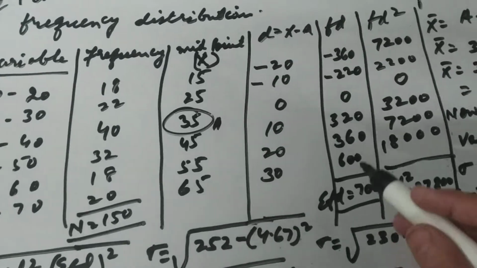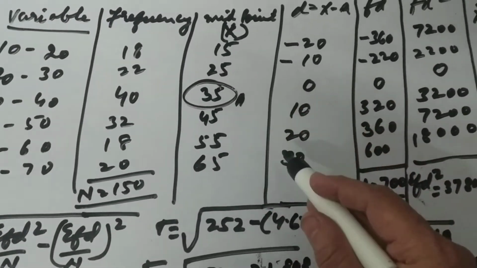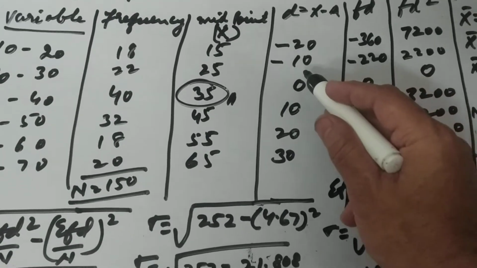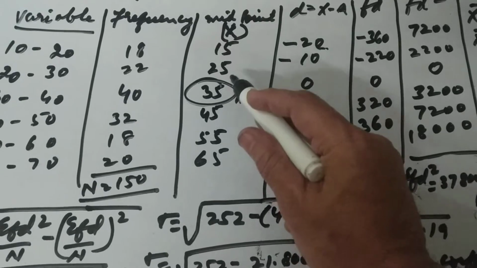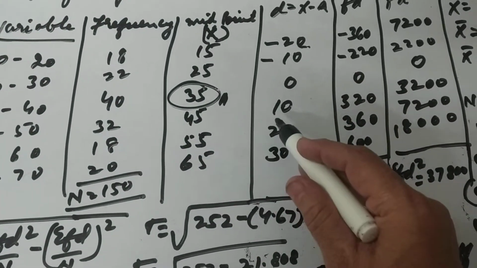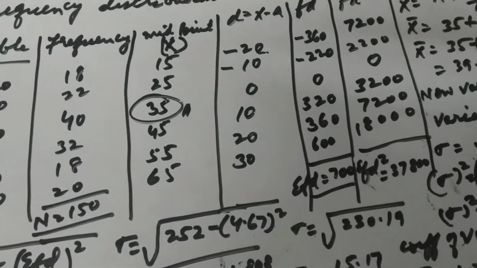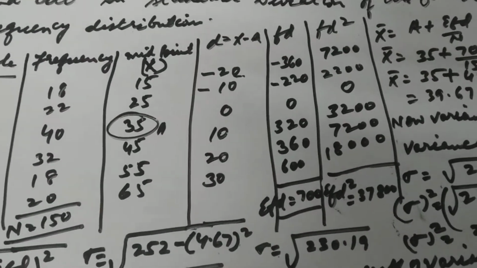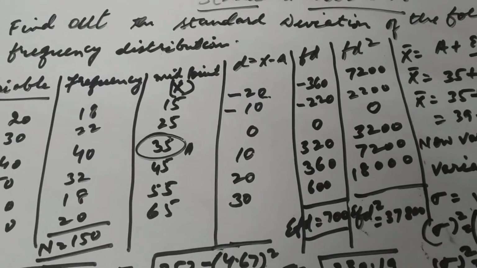Alright. Now you need to have D. So I have chosen 35 as A, and then I take the deviations, which is 15 minus 35 is minus 20, 25 minus 35 is minus 10, 35 minus 35 is 0, 45 minus 35 is 10, 55 minus 35 is 20, 65 minus 35 is 30. So you've got D over here. Now once you've got D, you need to calculate FD.